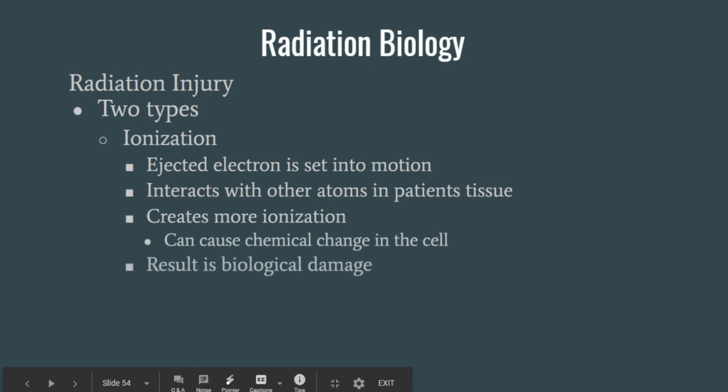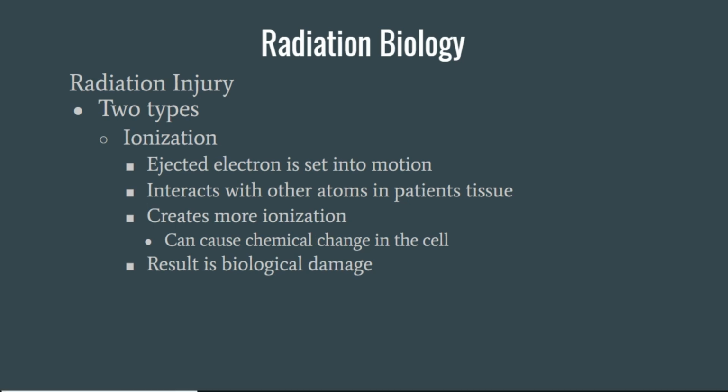Because of this, there is basically constant chemical change, or potential for constant chemical change, going on at the cellular level, and the result is biological damage. However, there can be a little effect on cells. Ionization can cause a little effect if chemical change does not alter sensitive molecules or sensitive cells within the body.